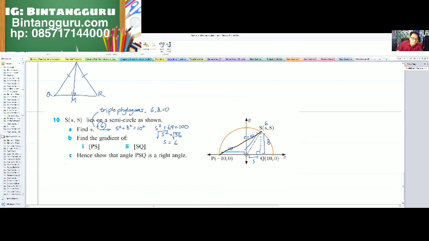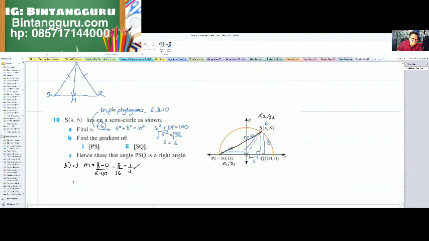So the gradient of PS is, this is x1, y1, x2, y2, so 8 minus 0 over 6 plus 10. So 8 over 16, which is 1 over 2. So this is going up. The gradient is 1 over 2.